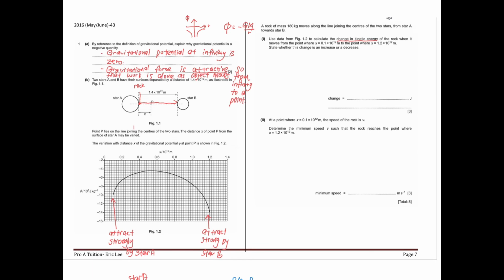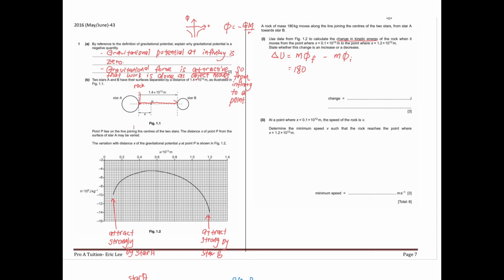Okay, so the formula that we are going to use, I write down first so that you're not so confused with so many things. We are going to use this formula, m phi final minus m phi initial. The mass here is the mass of the rock, which is 180 kg. So what is the phi final, the gravitational potential?